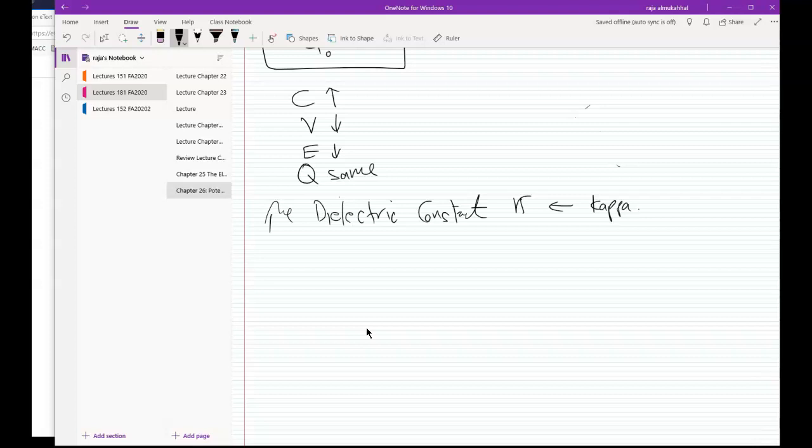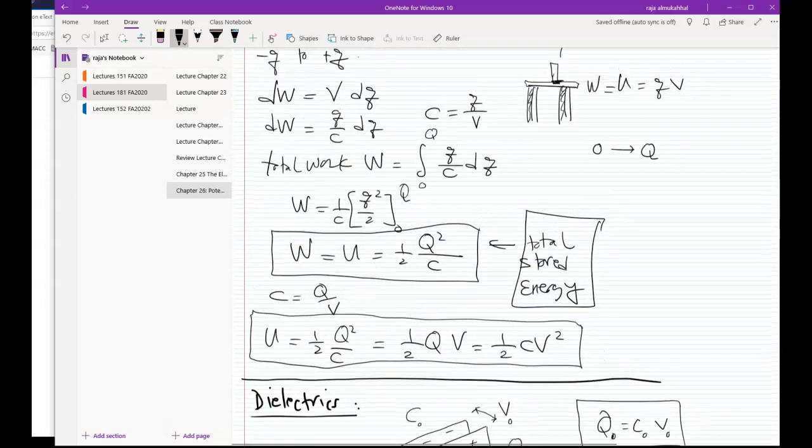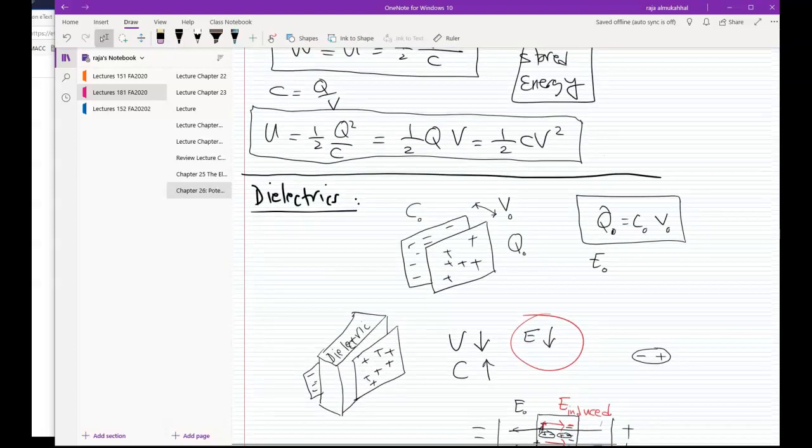And this kappa, the dielectric constant, is equal to the following. The new capacitance with the dielectric is equal to kappa C naught. In other words, I have a capacitor right here.